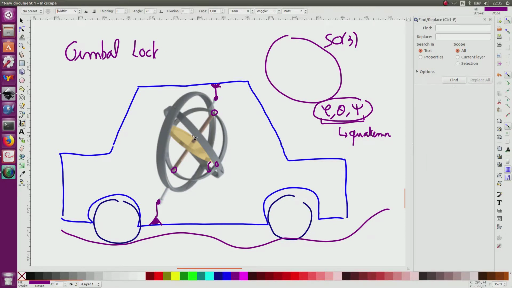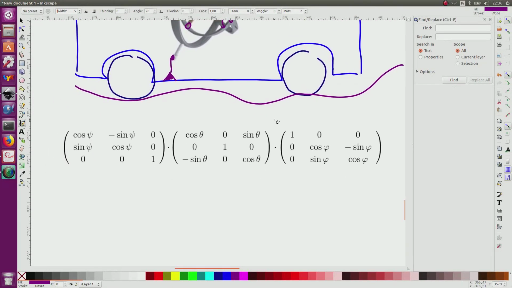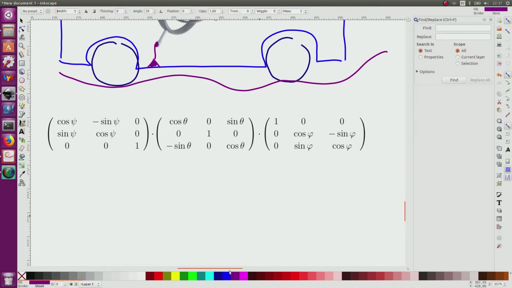Let me explain how it works in practice. We have here the rotation matrix. The gimbal lock occurs when cos theta is equal to 0. So in this case, this is 0, this is 0, and sine theta may be either -1 or +1. We'll consider in this case that sine theta is equal to 1, but the same reasoning occurs if it is equal to -1. So here it will be 1, and here it will be -1.